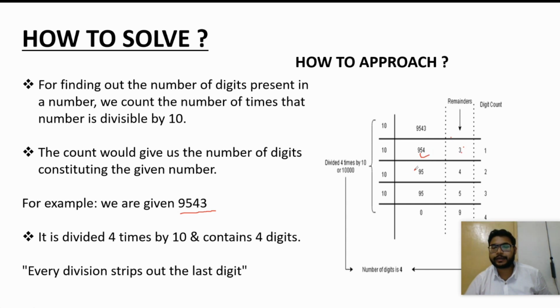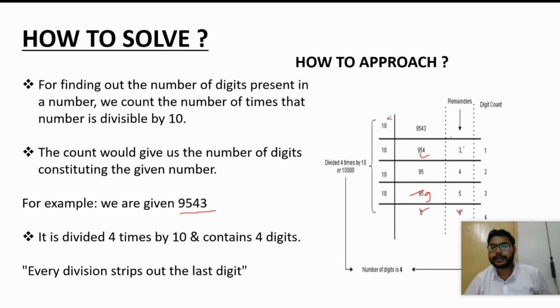Similarly, if we divide 954 by 10, we get 95 as quotient and 4 as remainder. Similarly, if we divide 95 by 10, we get 9 as quotient and 5 as remainder. Similarly, if we divide 9 by 10, we get 0 as quotient and 9 as remainder.